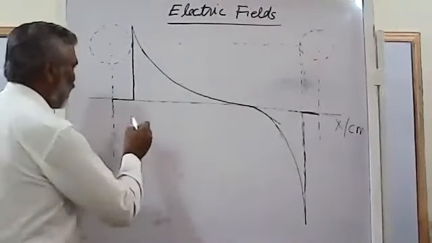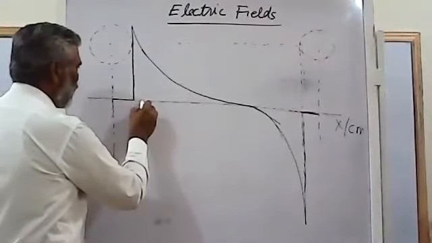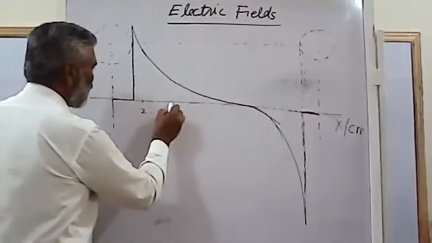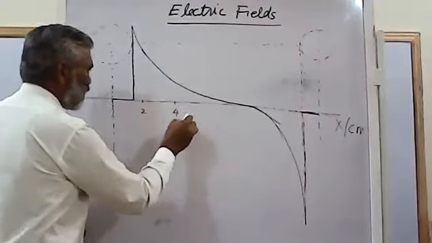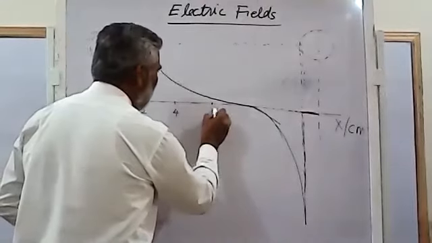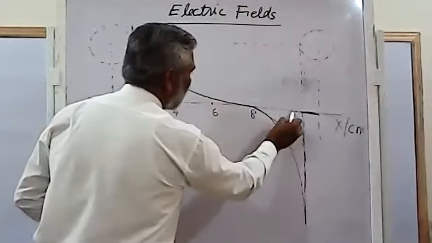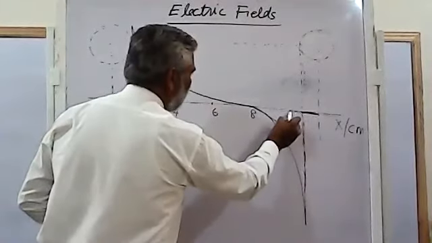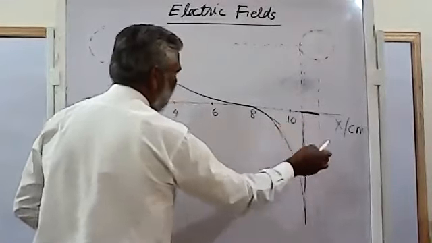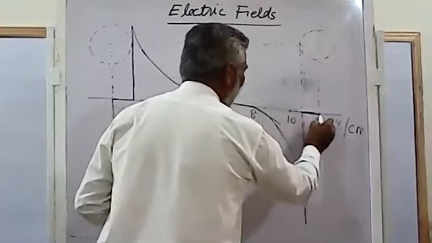So if this scale shows that this is 2 centimeters, this is 4 centimeters, this is 6 centimeters, and this is 8 centimeters, this is let's say 10 centimeters, and this is 12.